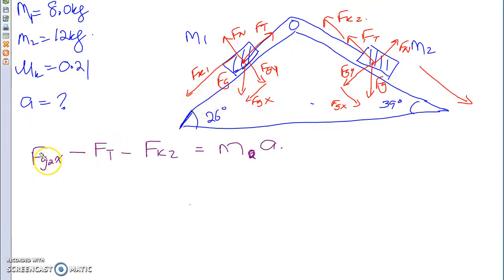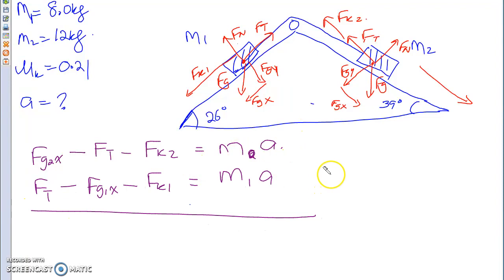Okay? And this one right here, what's pulling me forward? Well, it's going to be FT, minus what's pulling me downward, FG1X, minus FK1, which equals mass 1 times acceleration. Now, of course, your FT and FT are going to cancel out.